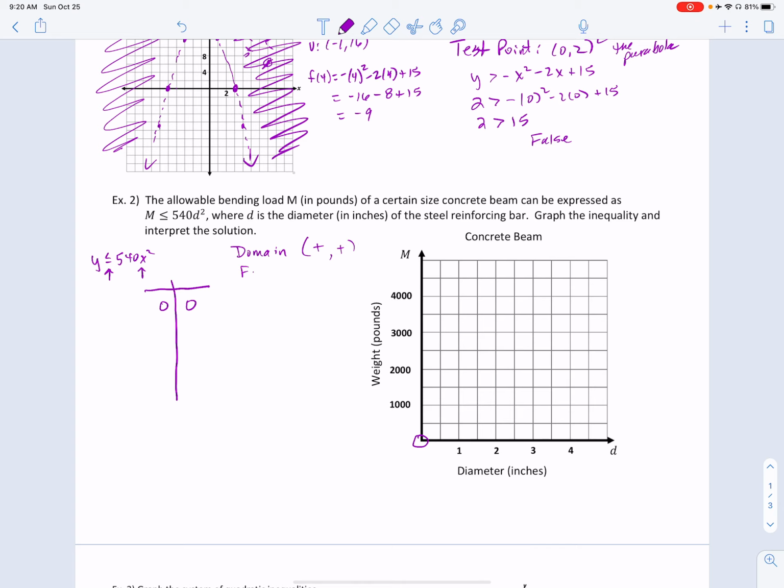So we are really only talking about the first quadrant. y equals 540 x squared would have something that looks like this, a lot narrower, but in this application we can't use where x is negative. We can't have a negative diameter.